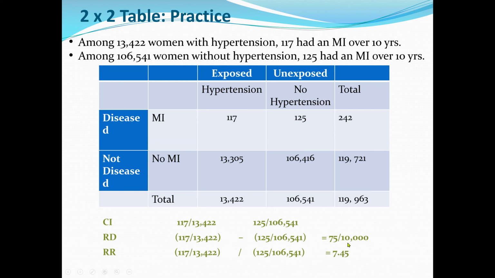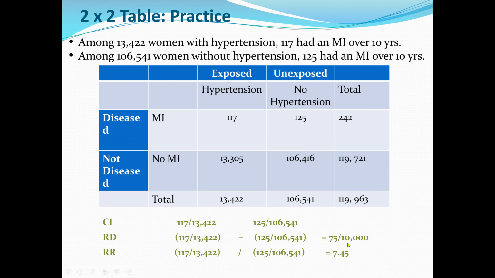Now, let's see how we're going to interpret the risk ratio. And that's the next question. Interpret the relative measure of association. So we say the relative risk is the ratio comparison of prevalence, risk, rate of disease in the exposed group to the prevalence, risk, rate of disease in unexposed group.